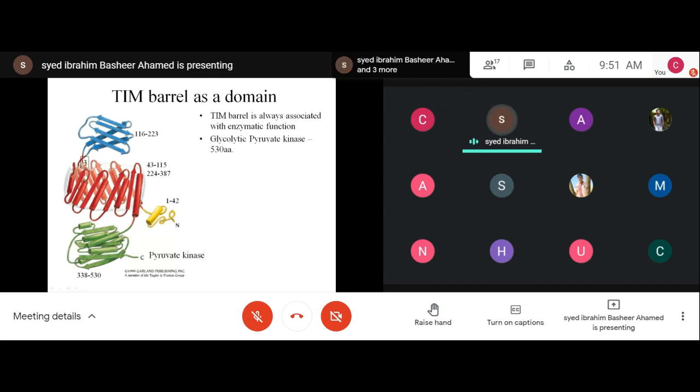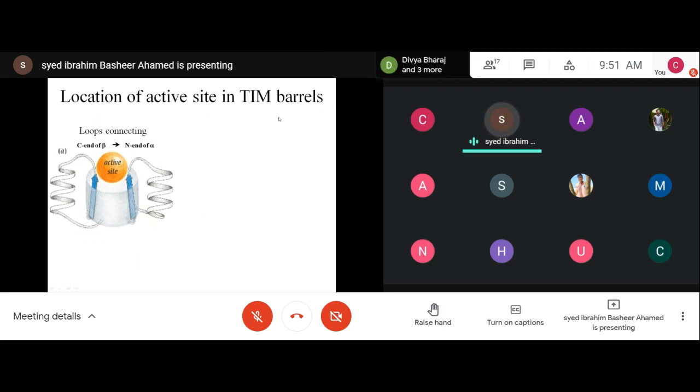Then 116 to 223 make a separate domain, and then 224 onwards make another wall, and finally another separate domain.